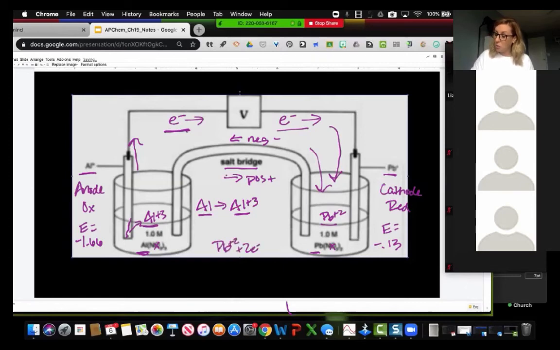For every 2 that go into the solution, this becomes lead metal, so those start getting deposited onto this electrode. This electrode is going to kind of disintegrate, whereas this electrode is going to get bigger. The aluminum is losing electrons and becoming aluminum ions, and on the other side, those electrons are going into that solution, and that lead +2 is picking them up and becoming solid lead, which then plates on that lead electrode. Okay, so that's the overall what's going on there.